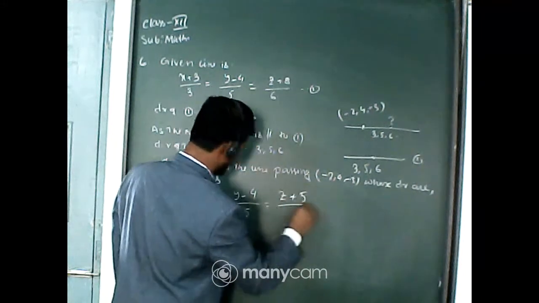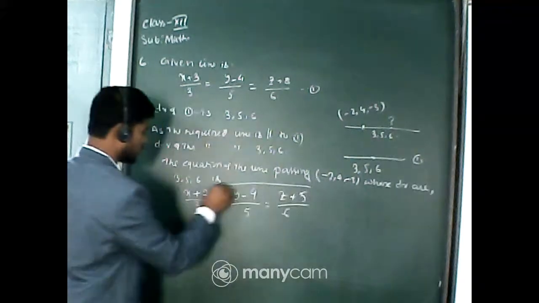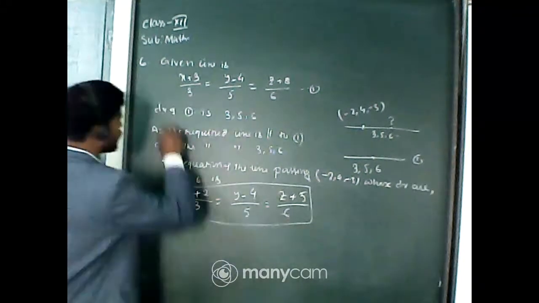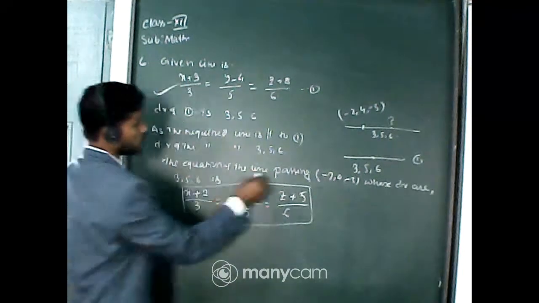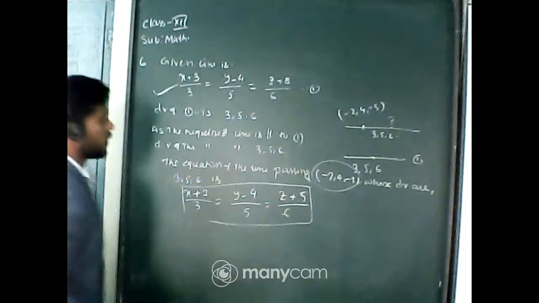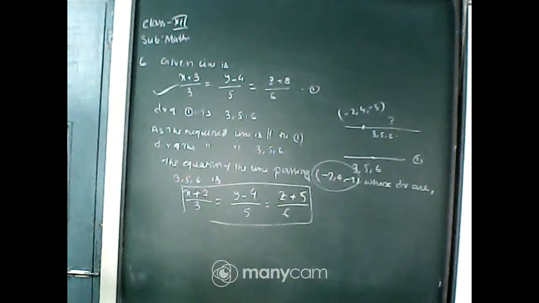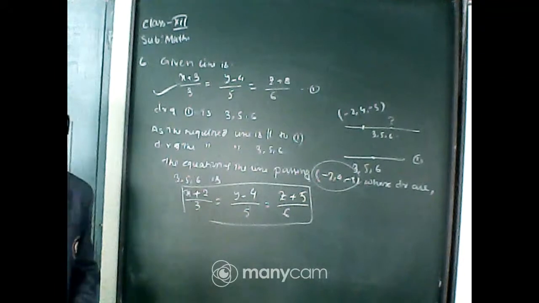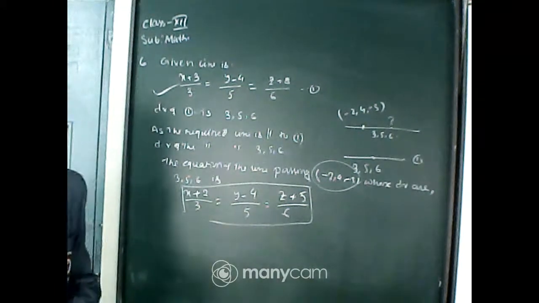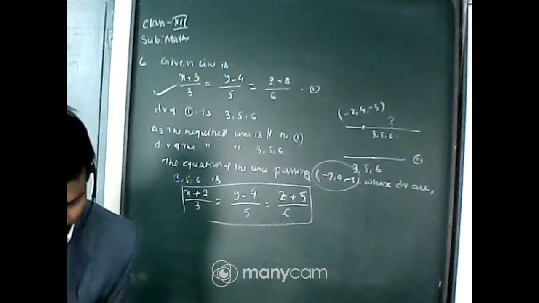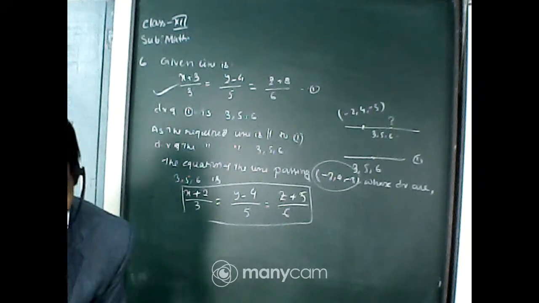So this is the required line which is parallel to the given line and passing through the point (-2, 4, -5). This is the equation of the line, and hence solved. Okay, understood?